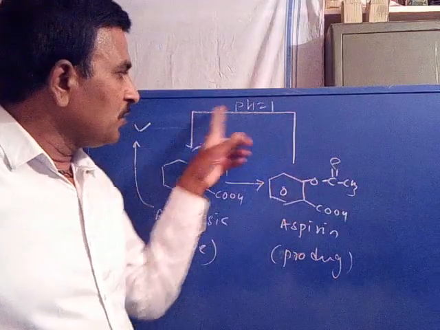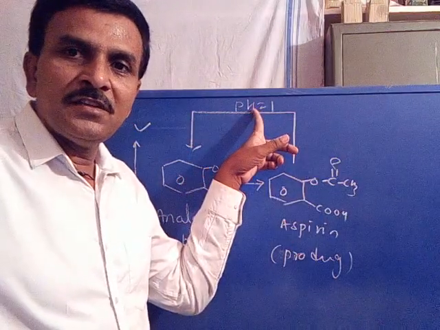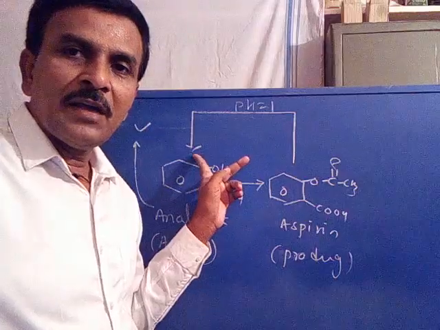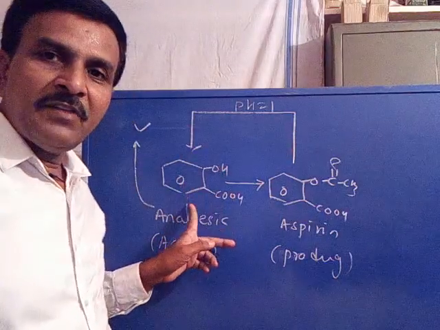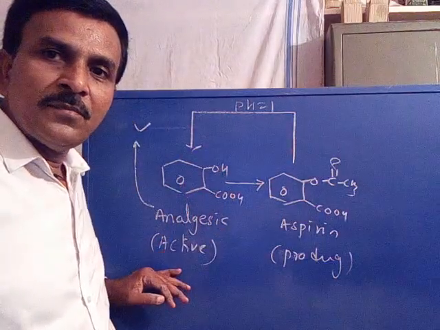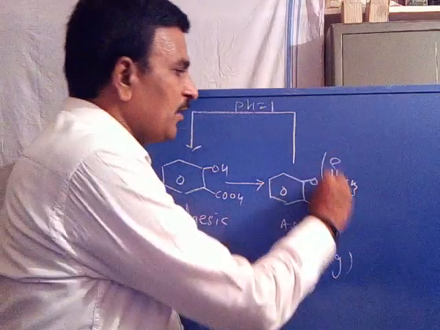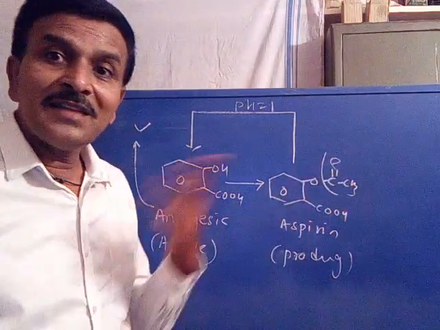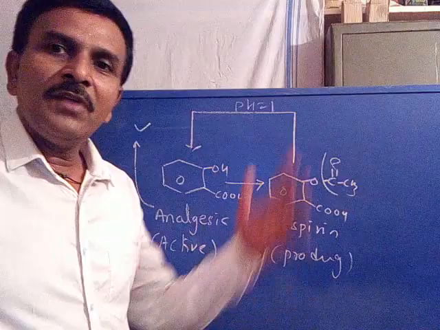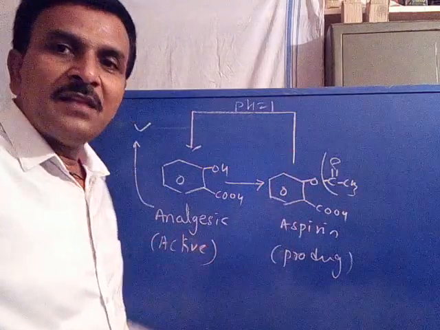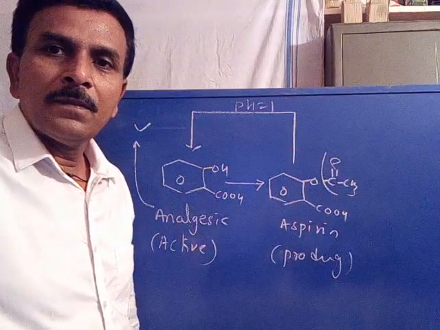Now when it reaches gastric pH, that is pH equal to 1 at the target, what happens? It becomes activated into the salicylic acid form, where the acetyl group is hydrolyzed and salicylic acid is regenerated, and it will show its analgesic activity. Is it clear?